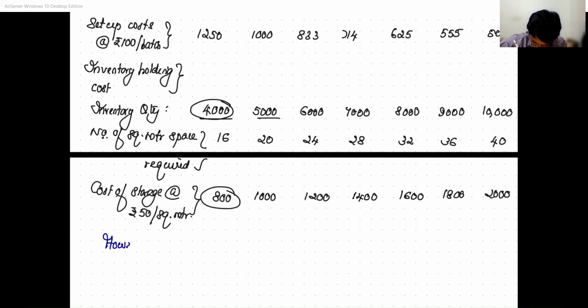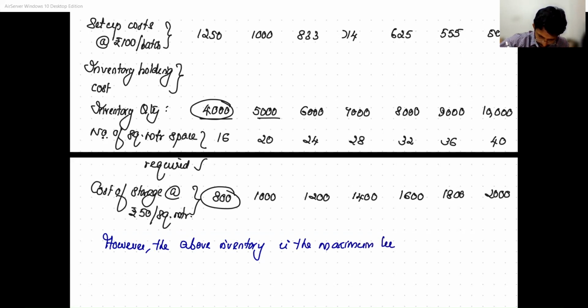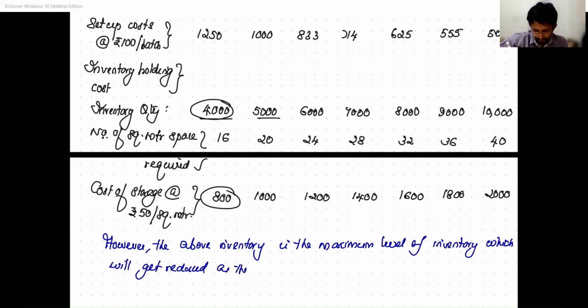However, the above inventory is the maximum level of inventory, which will get reduced as the sales happen.